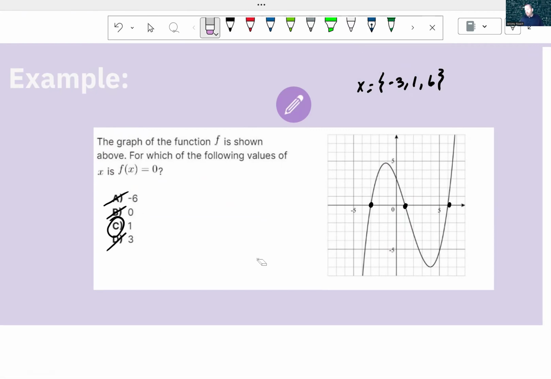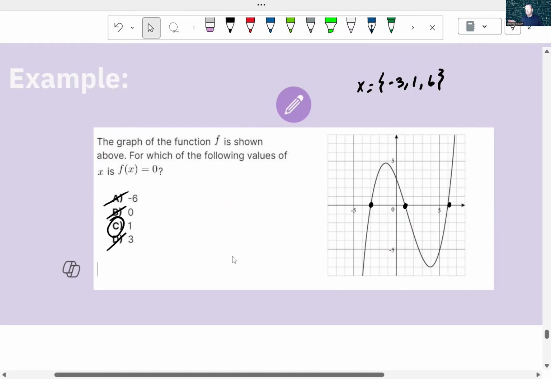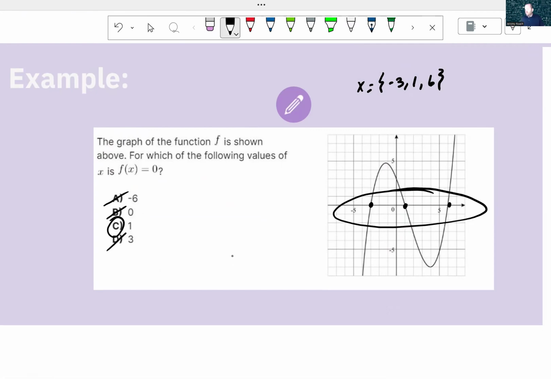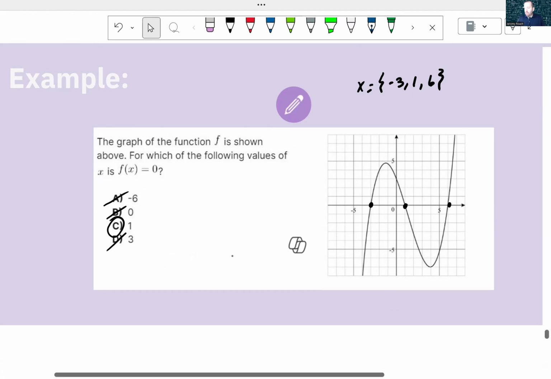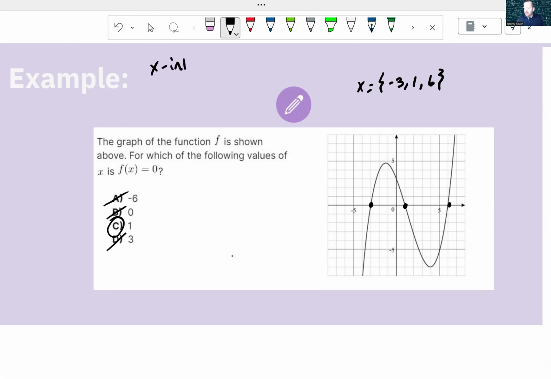So for our x and our y-intercepts, they are switched. To find the x-intercepts, we set y equal to 0. I'll just abbreviate this: x-intercepts mean that y equals 0.